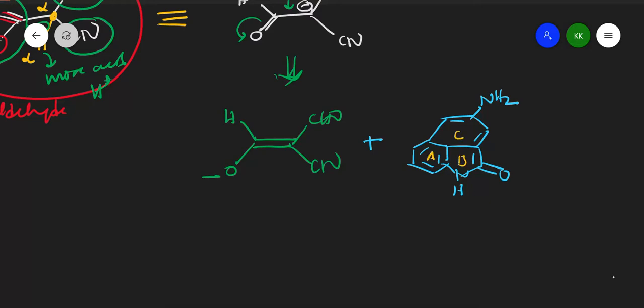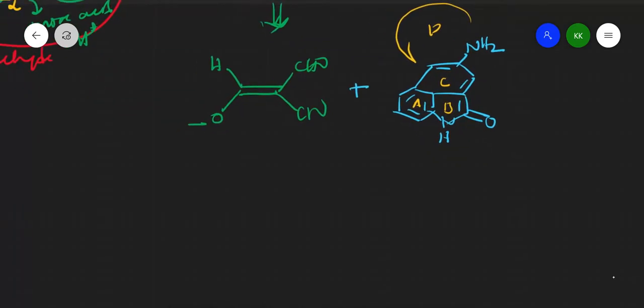The only thing is, to get lysergic acid I should construct a ring D here. That will be done here. The name of this compound is 3 amino naphthostyryl.